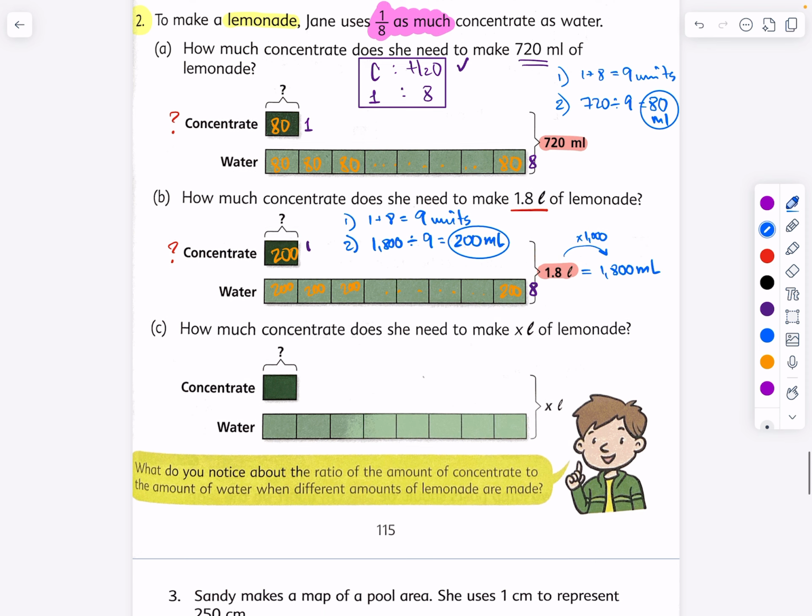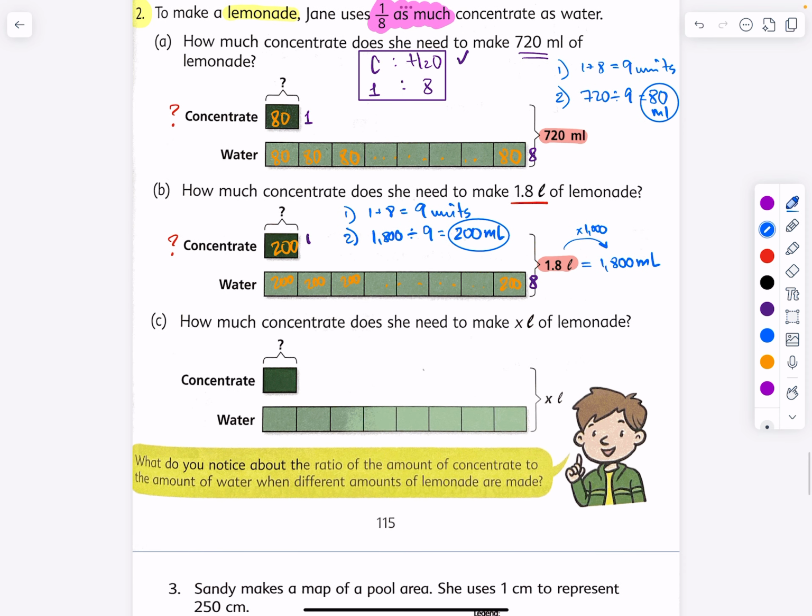And now off to the third part of the same question. How much concentrate does she need to make X liters of lemonade? X liters. Notice, now we have a variable, but the problem that is given is still the same, right?